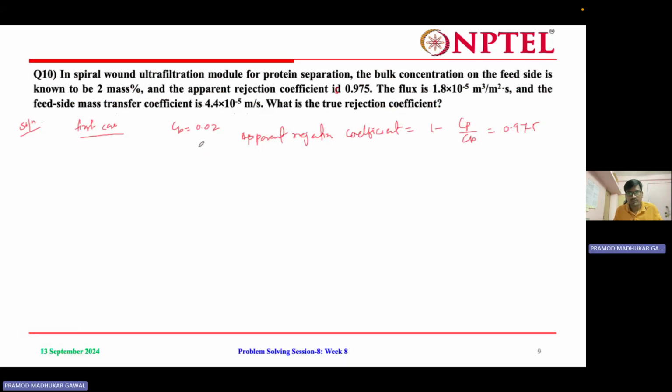So here is Cb. You put it in this equation, so we will get Cp as 5 into 10 to the power minus 4, right?